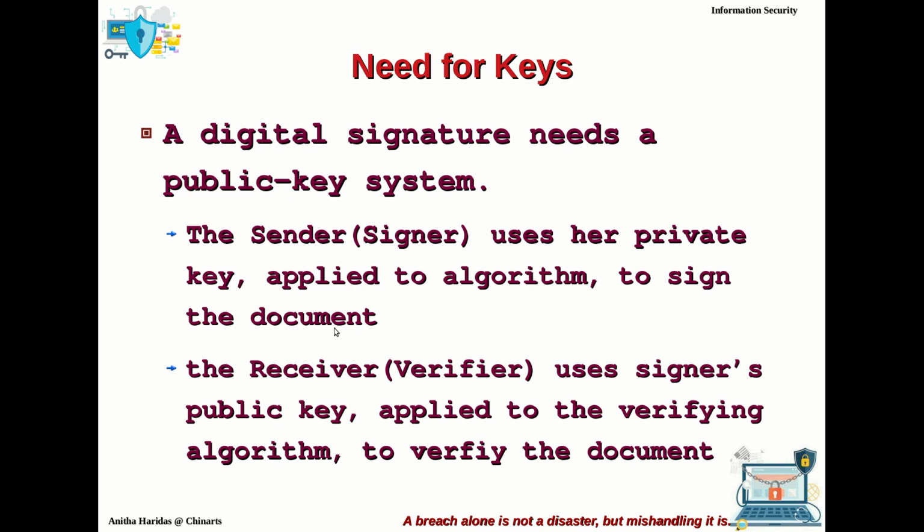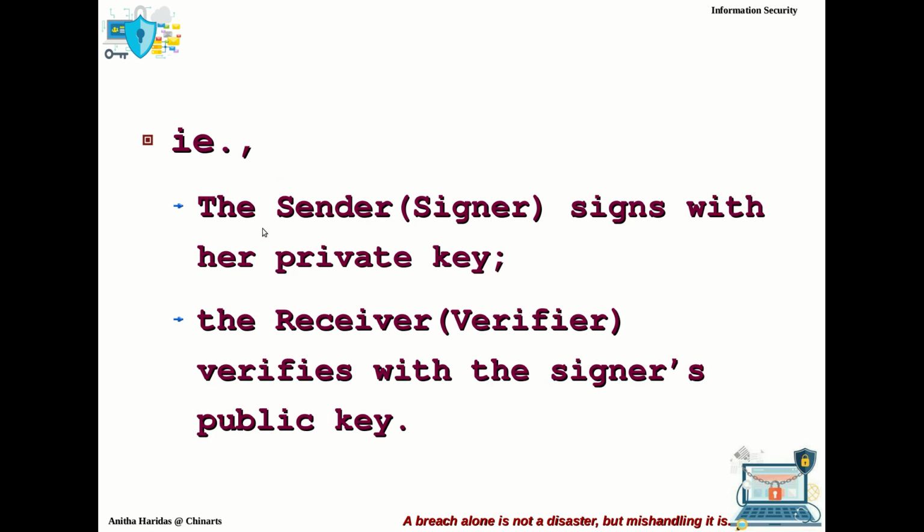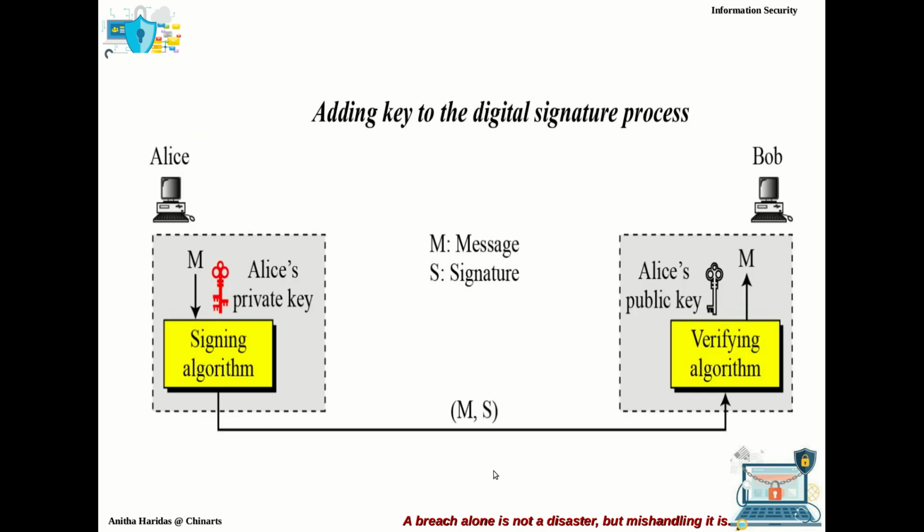In the digital signature, the sender signs with her private key and the receiver verifies with the sender's or signer's public key. This is what is to be understood here in the digital signature process.